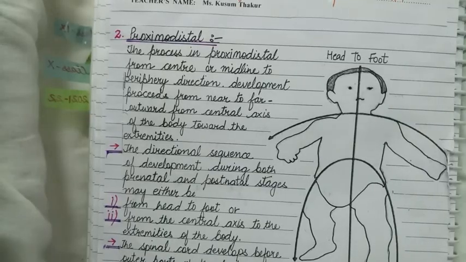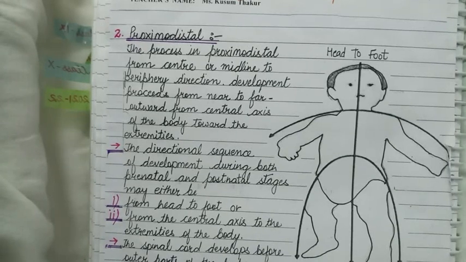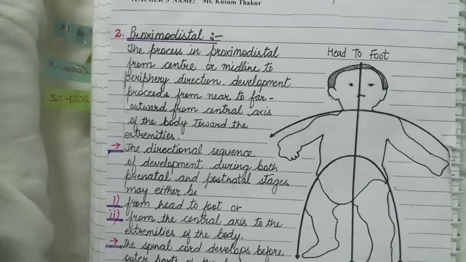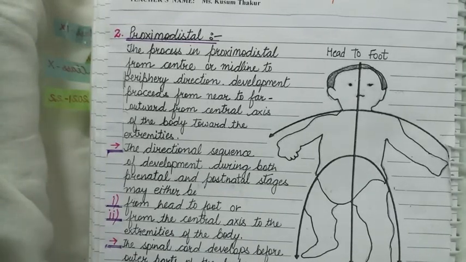Second, the proximodistal principle: the process from the center or midline to the periphery. Development proceeds from near to far, from the central axis of the body towards the extremities. The directional sequence of development during both prenatal and postnatal stages may either be from head to foot or from the central axis to the extremities of the body.